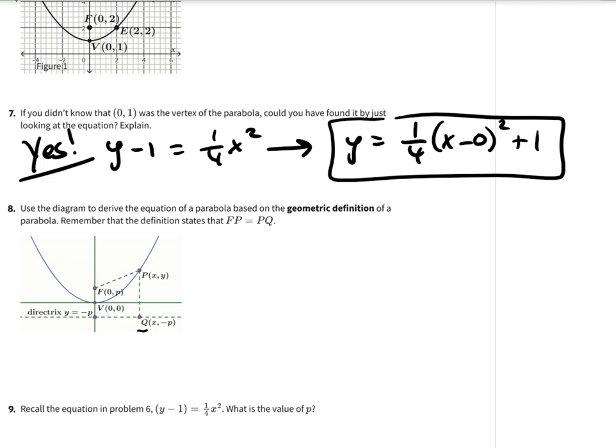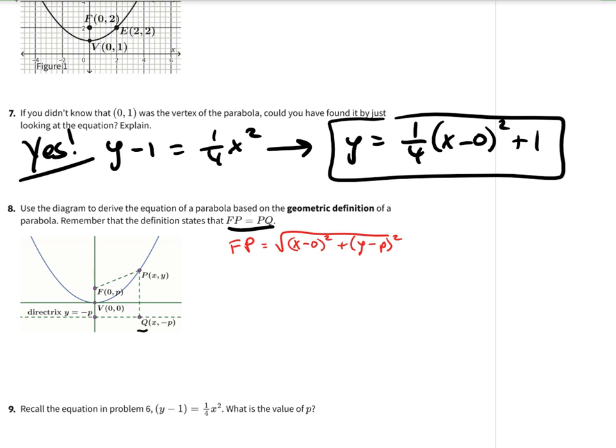So starting off, we need to know FP equals PQ, right? FP, the distance between the focus and the point, is equal to the square root of (x minus 0) squared plus (y minus p).